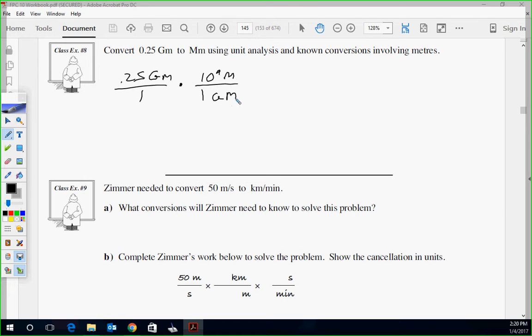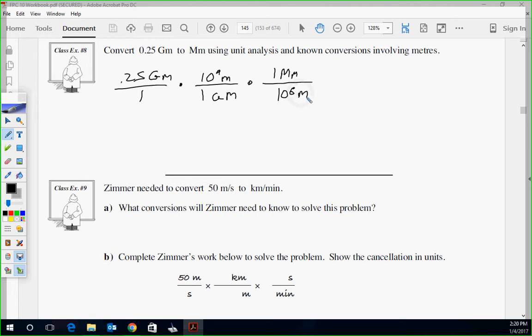Right, 10 to the 9th meters in 1 gigameter. And then I'm going to convert meters back to megameters. So I'm going to go, sorry, this needs to be smaller. Just a little bit more lowercase m because I'll have megameters coming. Okay, and 1 megameter is how many meters? 10 to the what? 6th.